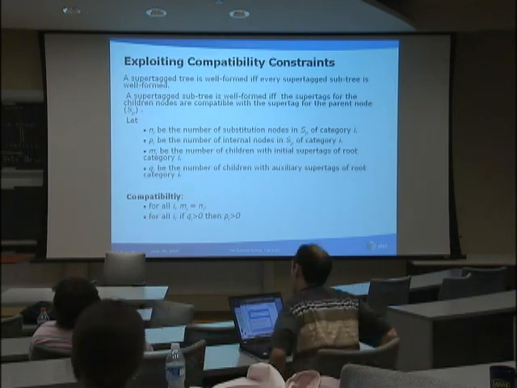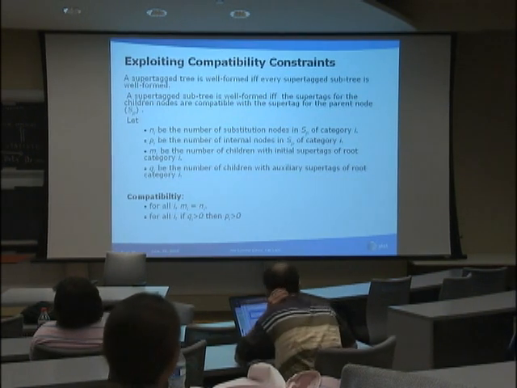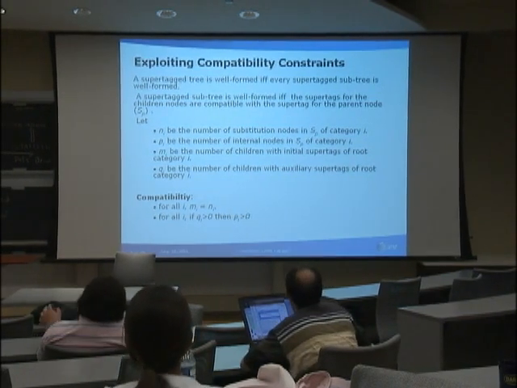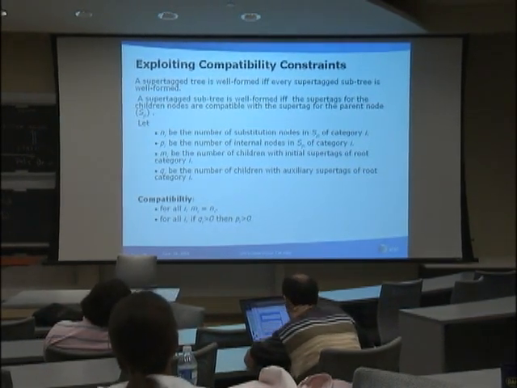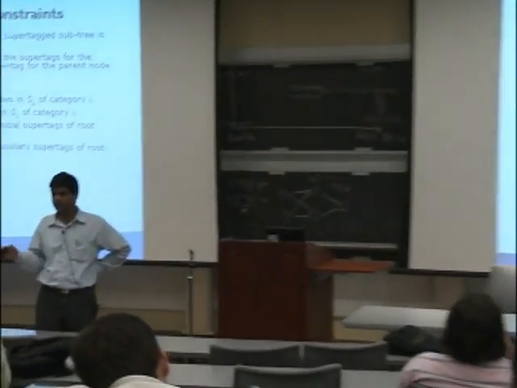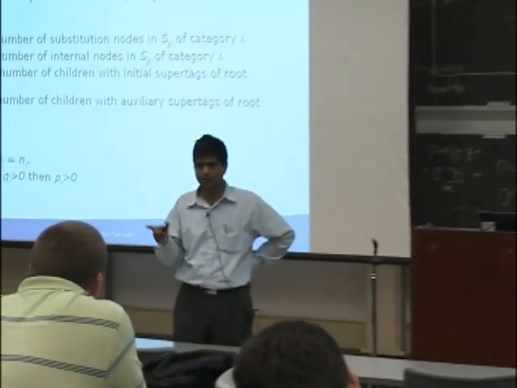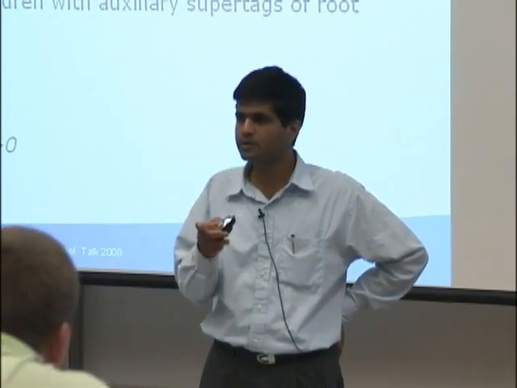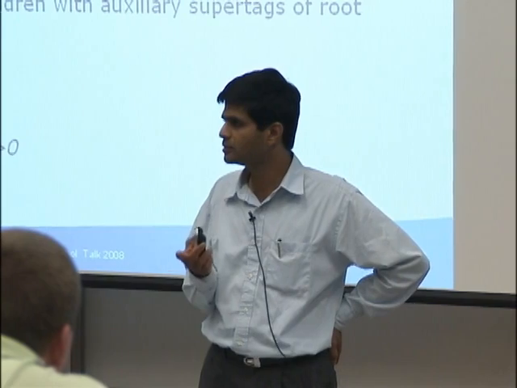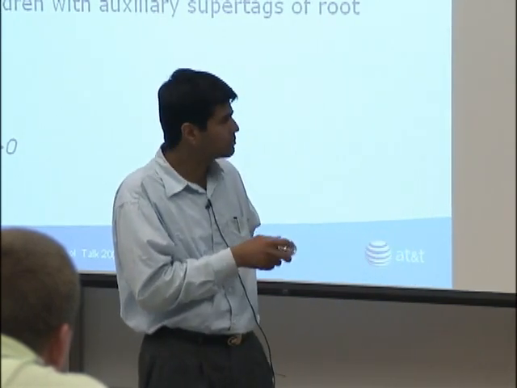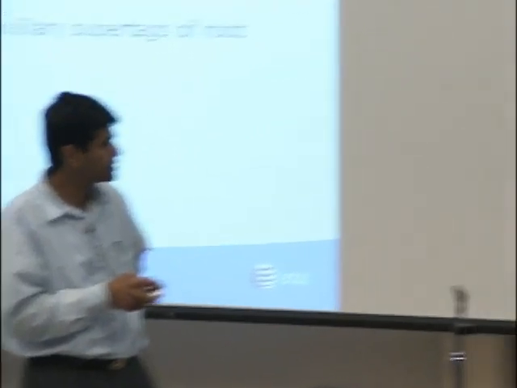Furthermore, just because we are dealing with a tag set that has richer information in it, you can unpack it and exploit those constraints. Suppose the mother doesn't have 3 slots, it can't have 3 children attached to it. These are constraints that are exploitable because these tags are richer in nature. Those are what I call compatibility constraints.